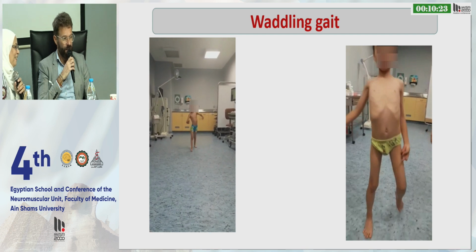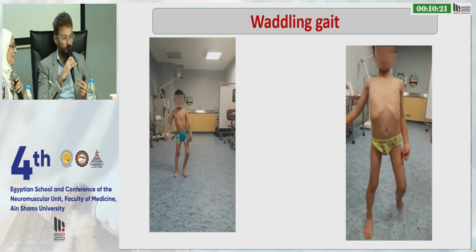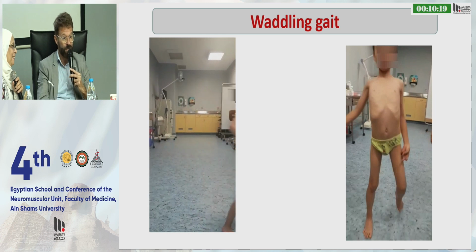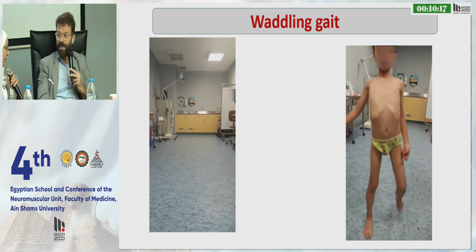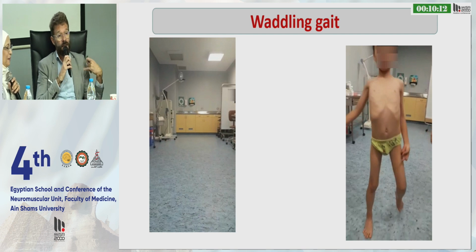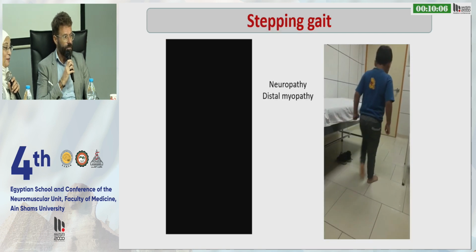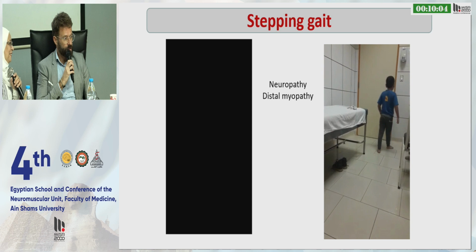So he doesn't have a tendon contracture, but there is weakness in the feet. So there is proximal weakness and distal weakness, and this hyperlaxity that is visible in the upper limbs. He was collagen 6? Yes, collagen 6. And then look at this.